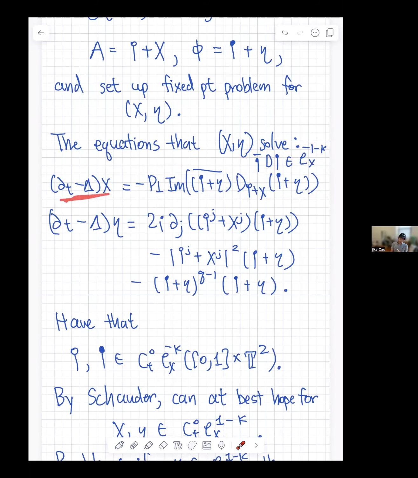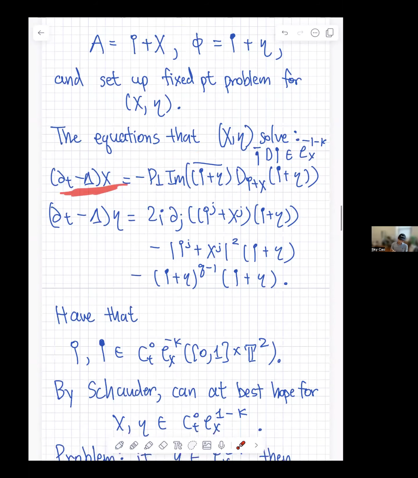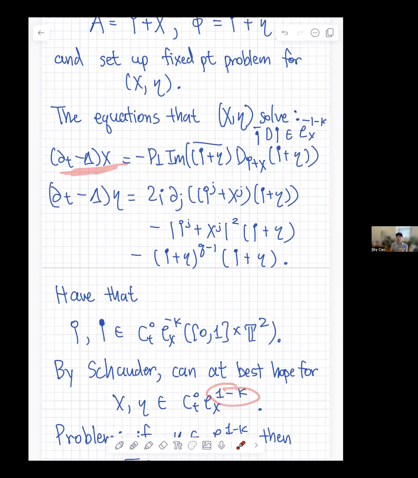And now Schauder is going to tell me that x at best has regularity 2 better than that, right? So that's what I'm saying here. x at best is going to have this regularity here, 1 minus kappa. And similarly with this eta term here, because again, maybe one of the worst terms on the right-hand side is this.